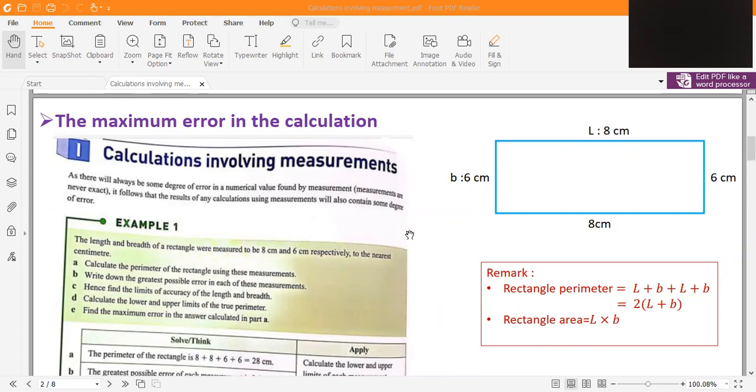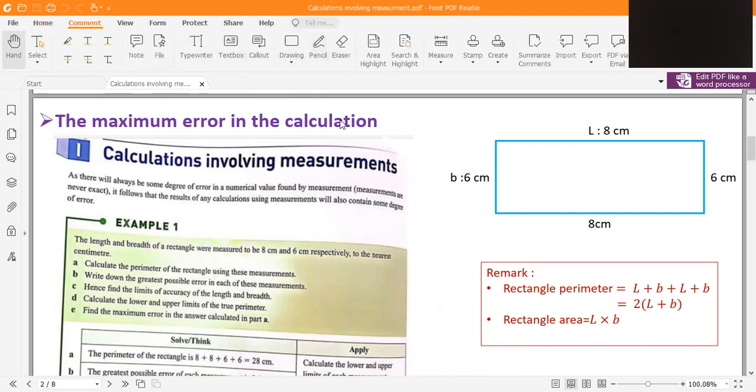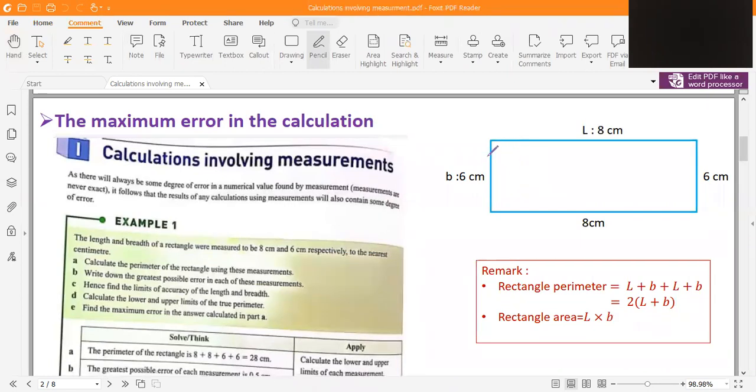So we know that a rectangle is, as we see on the right, a graph with four sides and four 90-degree angles, where the two opposite sides are parallel and equal in length.